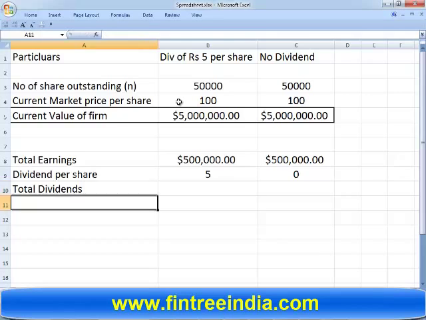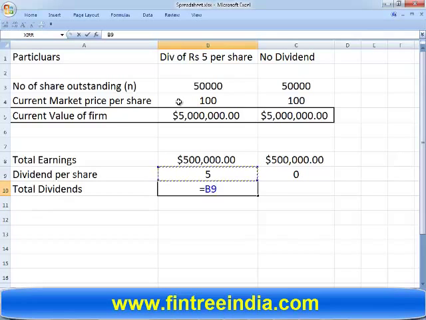Total dividends is 5 into the number of shares, and in the second case this is 0.